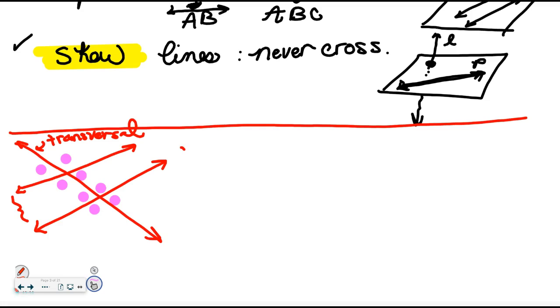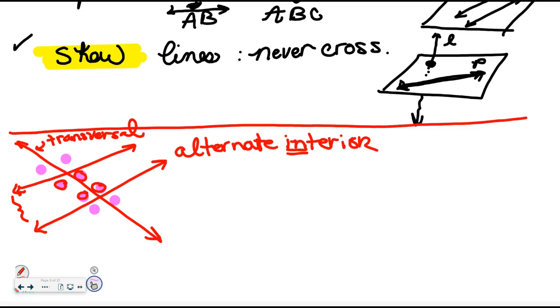Okay? I have you write these down. Alternate interior. And what I want you to do is underline that word in. They're inside the parallel lines. So my interior angles are these 4 dots that are between the two lines.